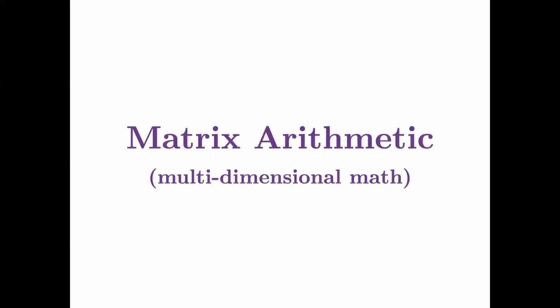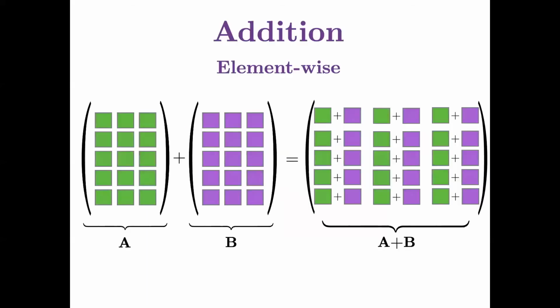Let's go on and briefly review the initial steps of matrix arithmetic. Again, this is multi-dimensional math. We'll first cover addition and scalar multiplication, and in the next video, we'll get into matrix multiplication. Addition can only happen between two matrices that have the same size.